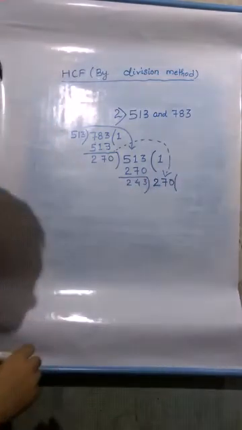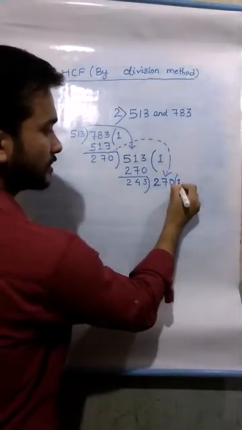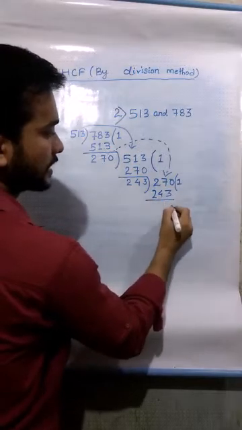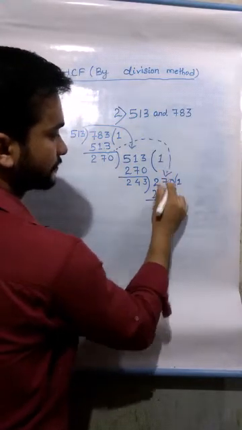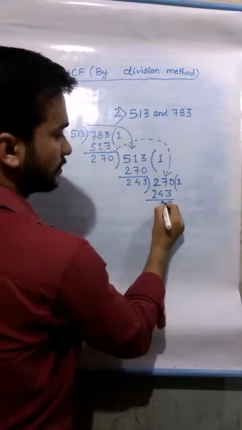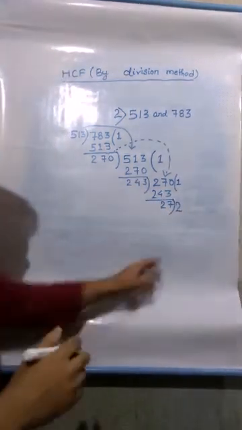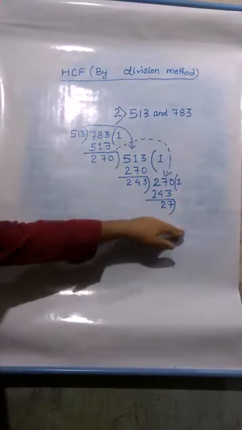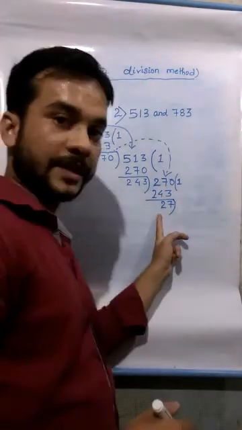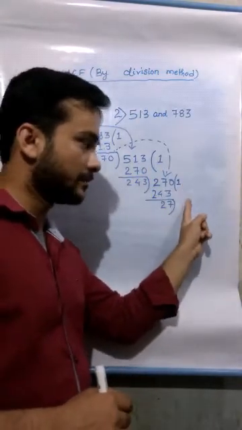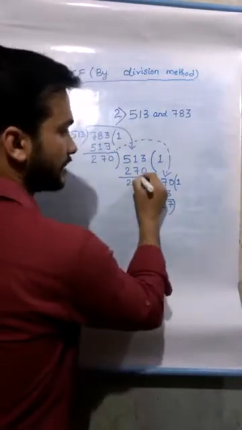Now divide it again. 243 1s are 243. Subtract it. 27. Now again, this remainder will become the divisor, and this divisor will again come to this side and become the dividend.